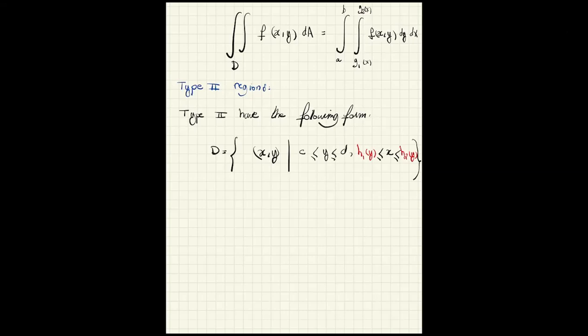An example would be, for example, we are in the R2 case. We have C and D. We can have this, we can have this, and then.